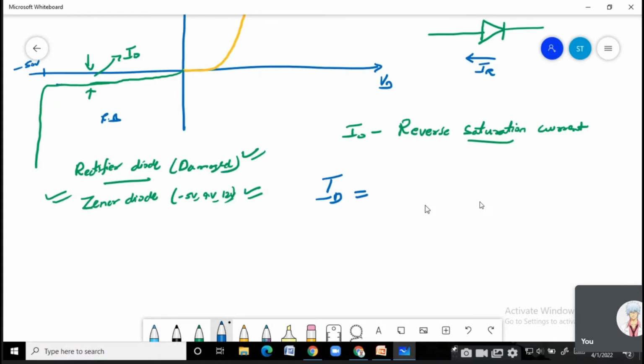Have you seen this equation? ID equal to I naught e raised to VD upon eta VT, minus 1.